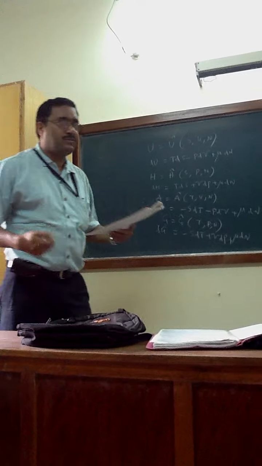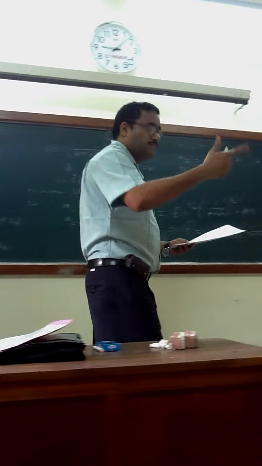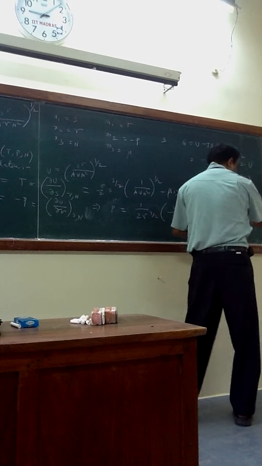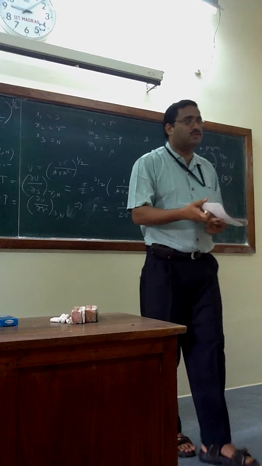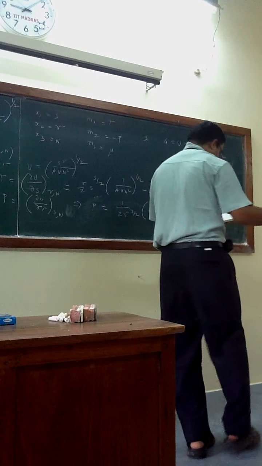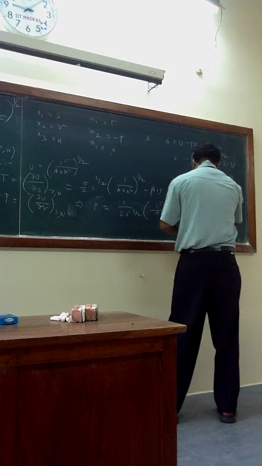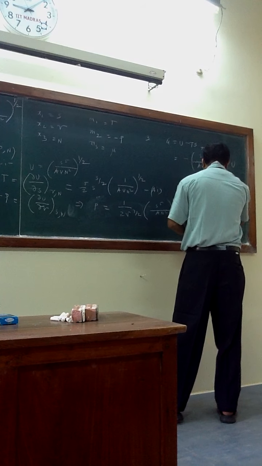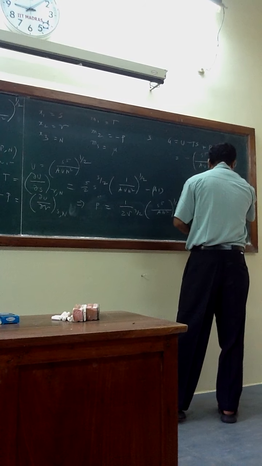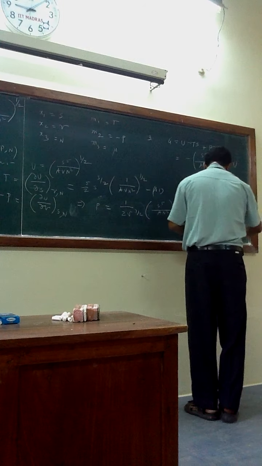What's the final answer of G? G equals? I asked, she is volunteering, so if you want to prompt, please raise your hand. Yes, madam. Minus 2T by 5, 5 by 2, A naught.